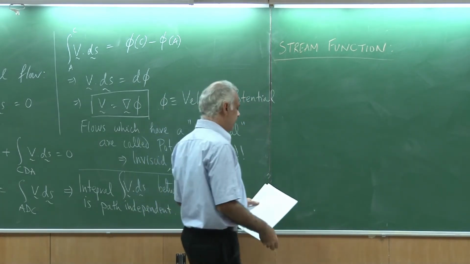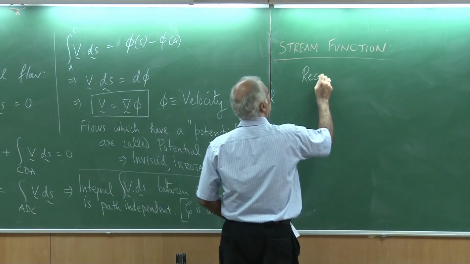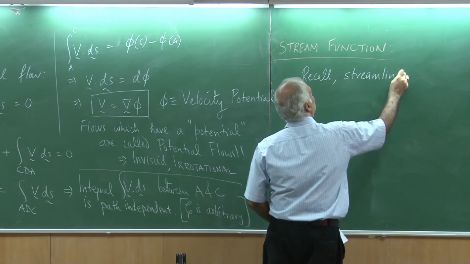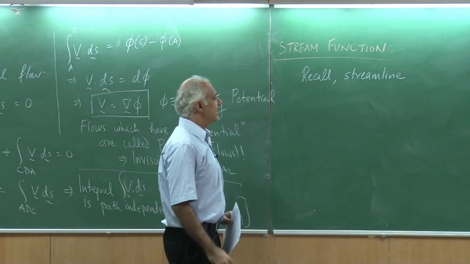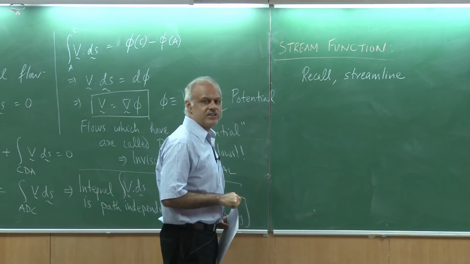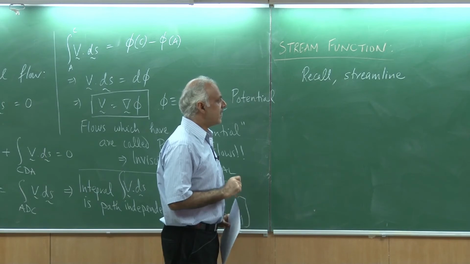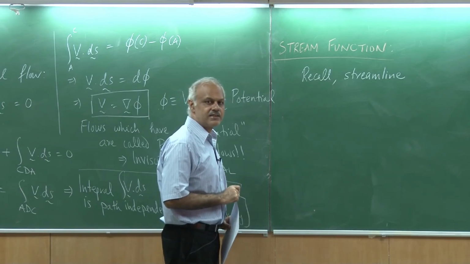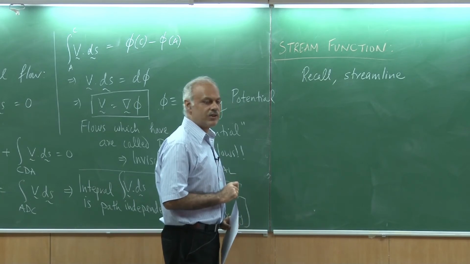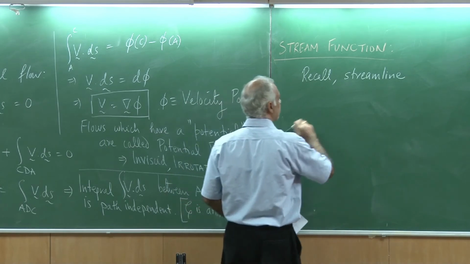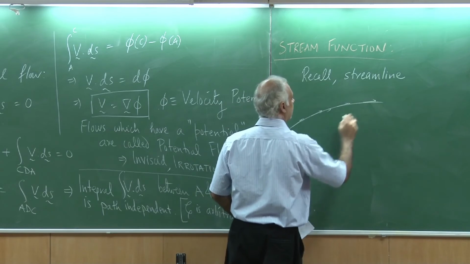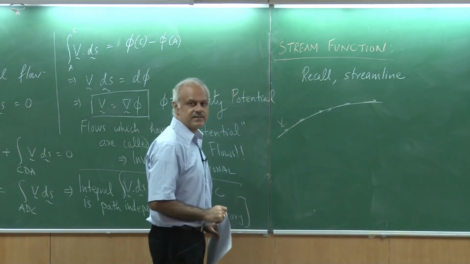So, please recall a streamline. We had talked about a streamline a few sessions earlier, and we said that along a streamline, if I take any point and draw a tangent on it, then the tangent points in the direction of the velocity vector. Okay, so if I draw a streamline, then the tangent at every point gives me the direction of the velocity.